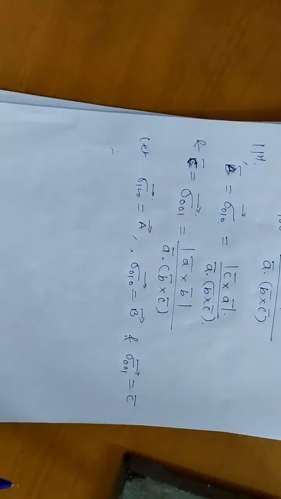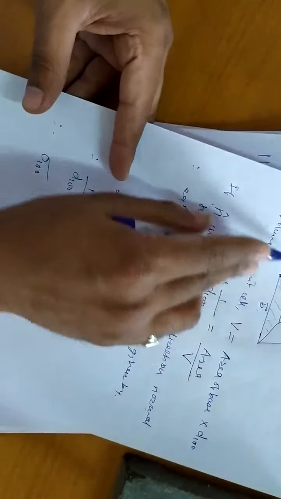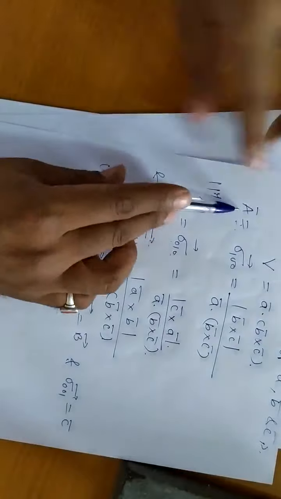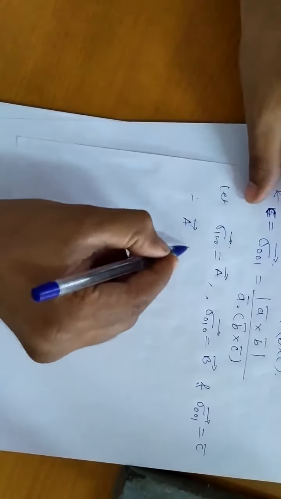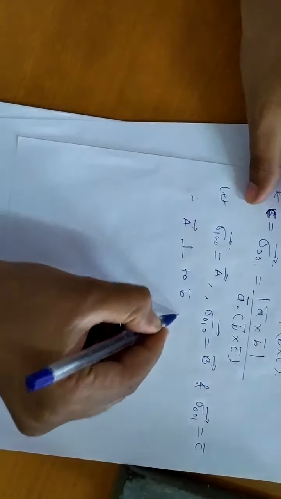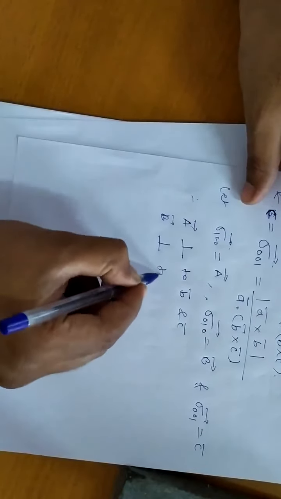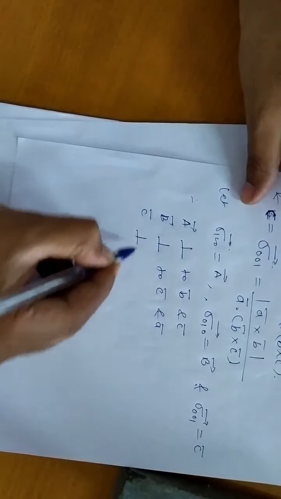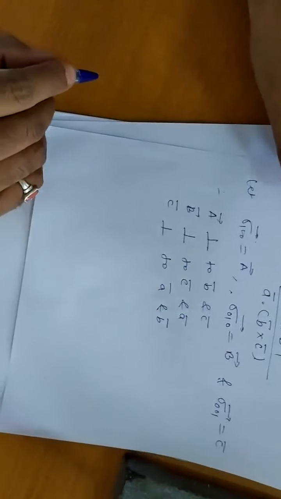Therefore A must be perpendicular to b and c. Similarly, B must be perpendicular to c and a, and similarly C must be perpendicular to a and b.